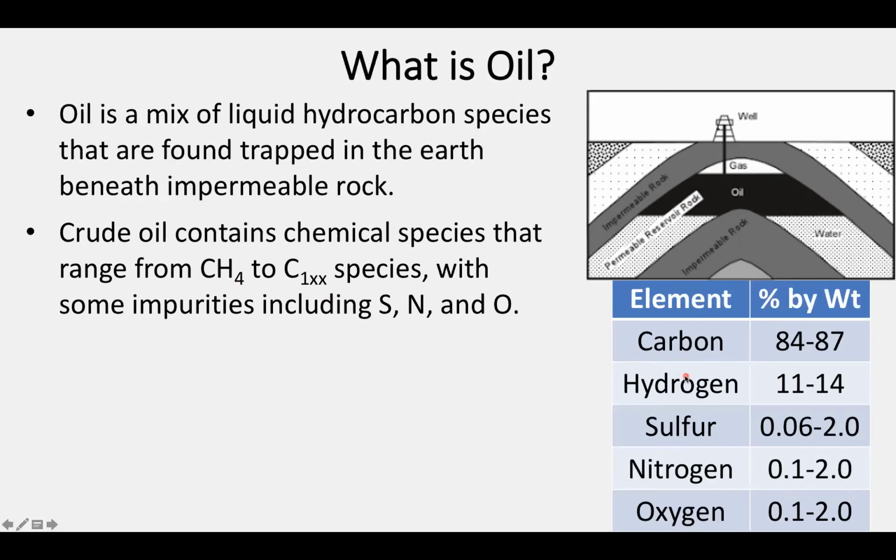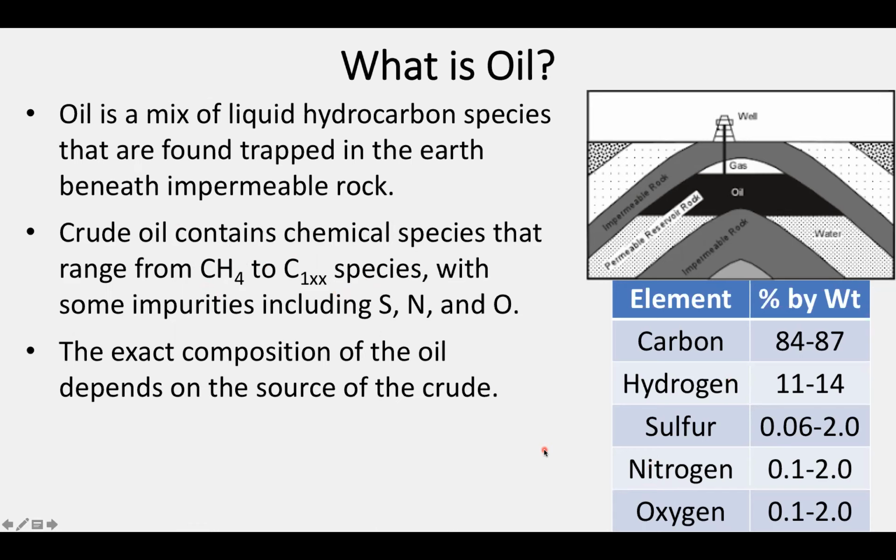What often controls this composition is the hydrogen percentage. The higher the hydrogen percentage, the more light species like methane we have; the lower the amount of hydrogen, the more heavy species we have. We can also have some impurities, mostly sulfur, nitrogen, and oxygen.